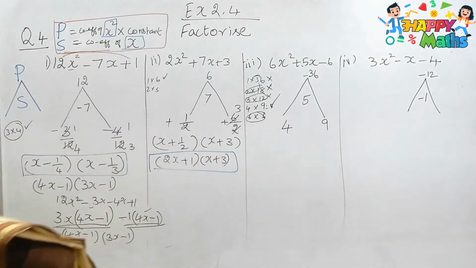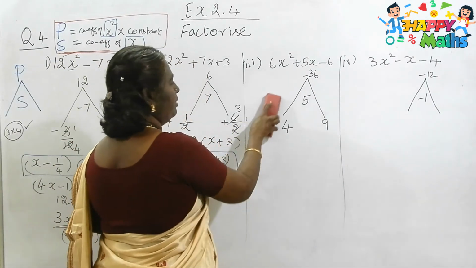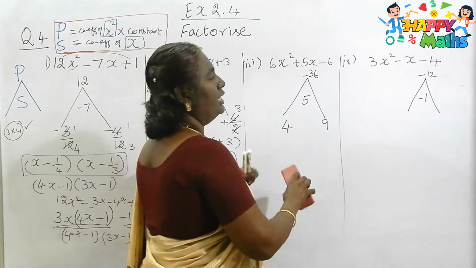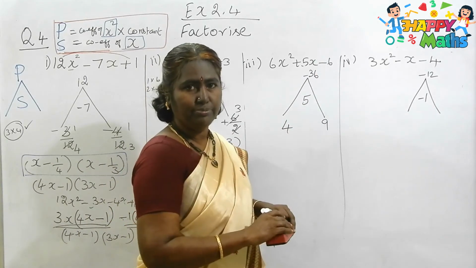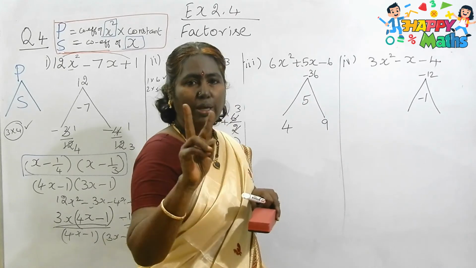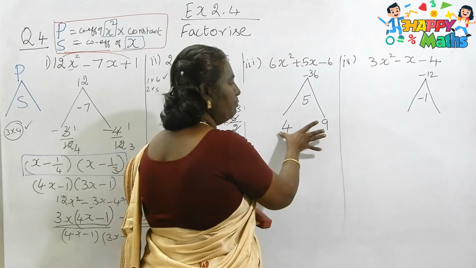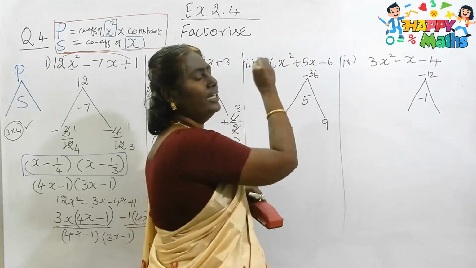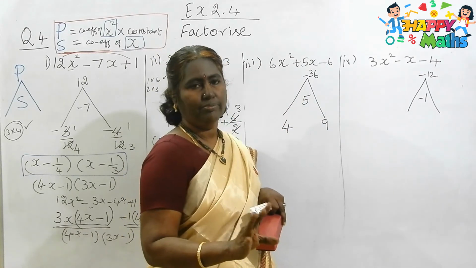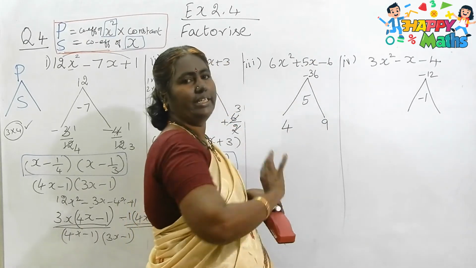So you want me to repeat again? See, when I get 36 as my product and the number is negative, I must think in that way. What two numbers I am choosing, if I subtract the chosen numbers, then only I must get the number inside. If it is positive, the addition of two numbers will be at the center.